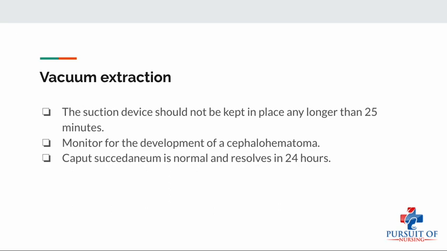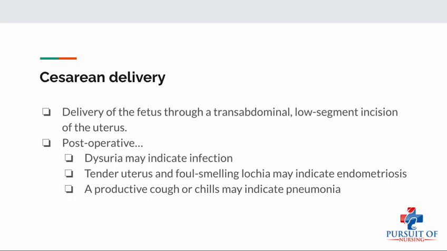And we talk about that in our care of the newborn section, but know that your cephalohematoma is bleeding beneath the skull. It does not cross the suture line, whereas your caput succedaneum is swelling in the tissues above the scalp. It does cross the suture line.